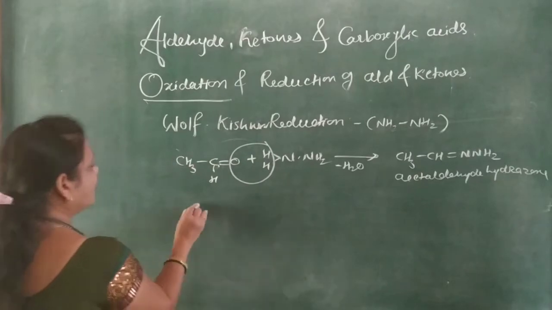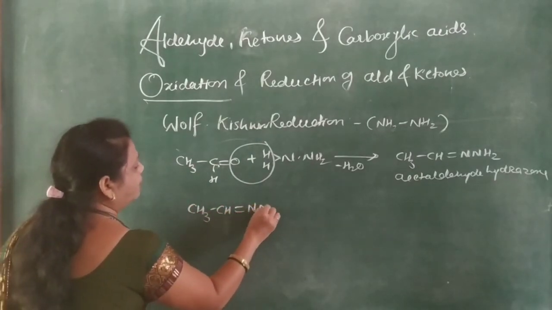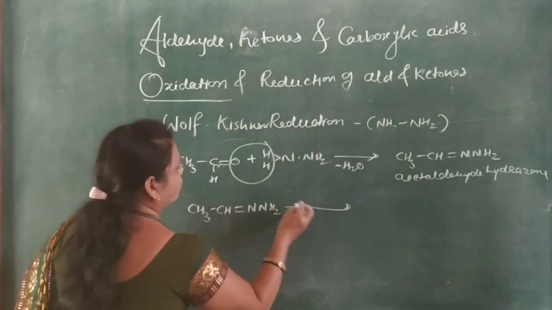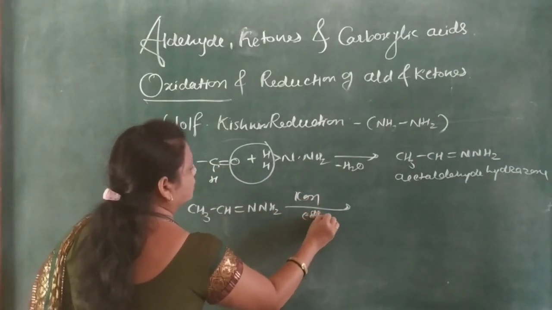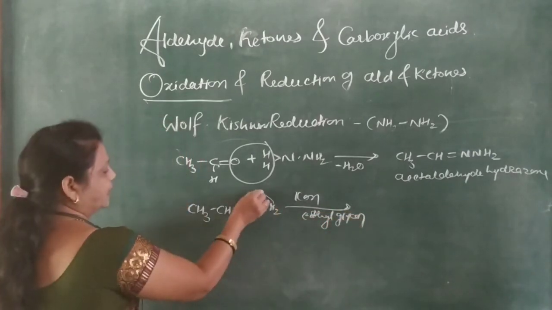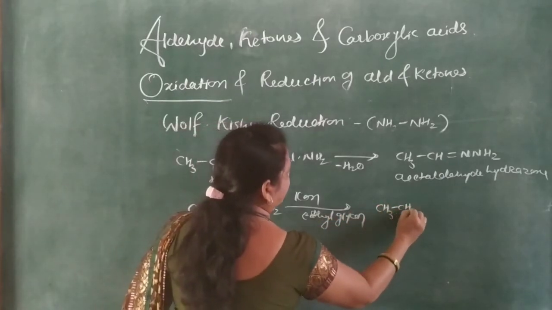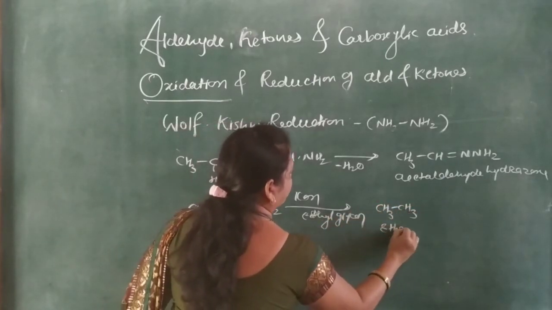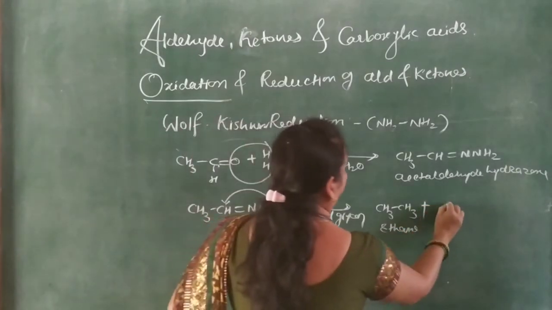Now this acetaldehyde hydrazone CH3CH double bond N NH2 with KOH and ethylene glycol. So here this H2 combines to form CH3 single bond CH3, that is ethane, plus N combined with N to form N2.